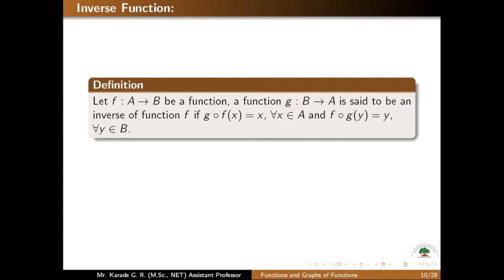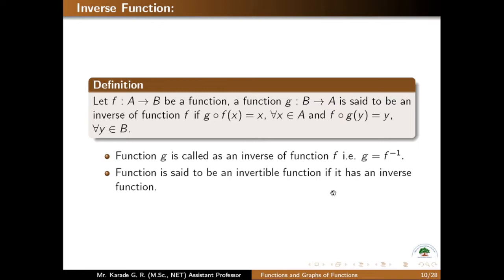A function g from B to A is said to be an inverse of function f if (g∘f)(x) equals x for all x belonging to A, and (f∘g)(y) equals y for all y belonging to B. Function g is called an inverse of function f, that is g is f inverse. A function is said to be an invertible function if it has an inverse function.